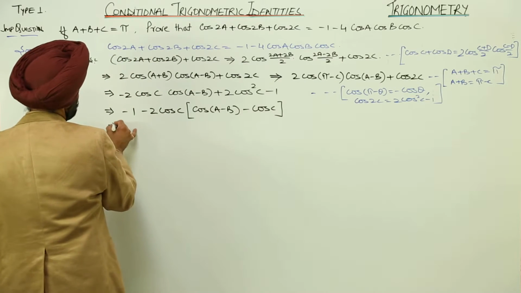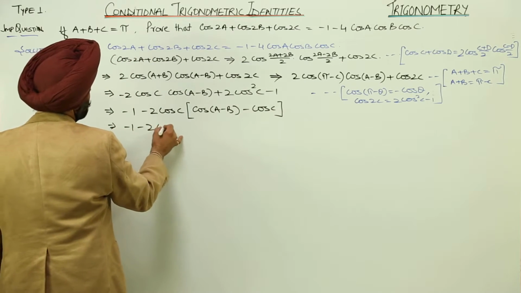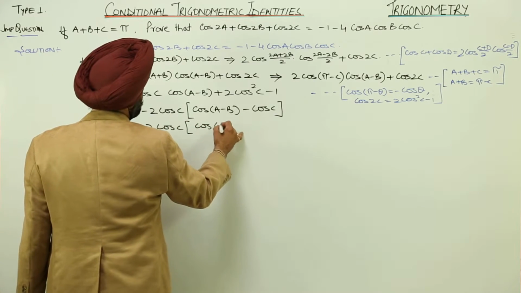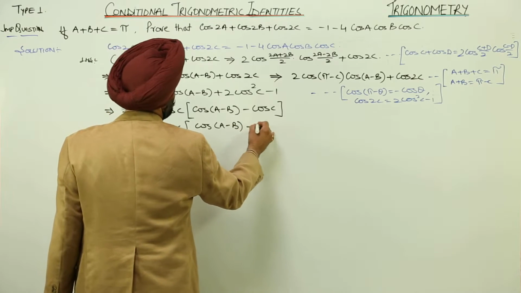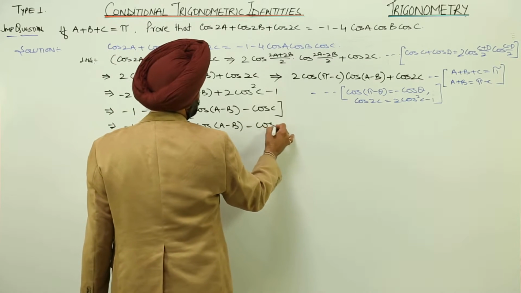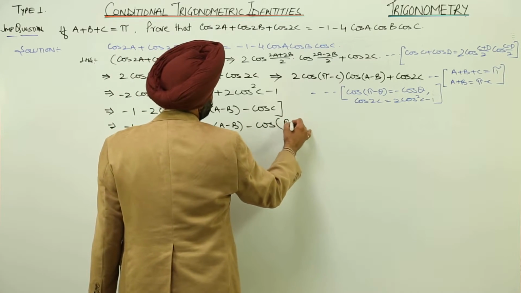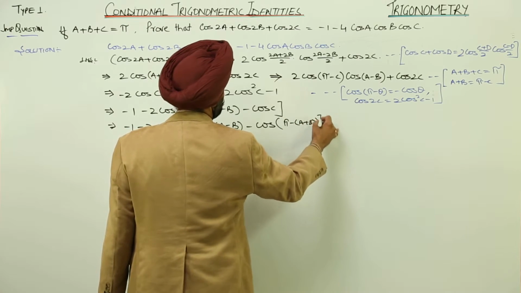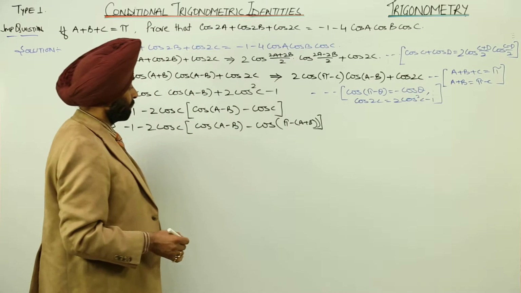So now this becomes negative of 1, negative of 2 cos C, cos (A minus B) minus cos (pi minus (A plus B)), okay?